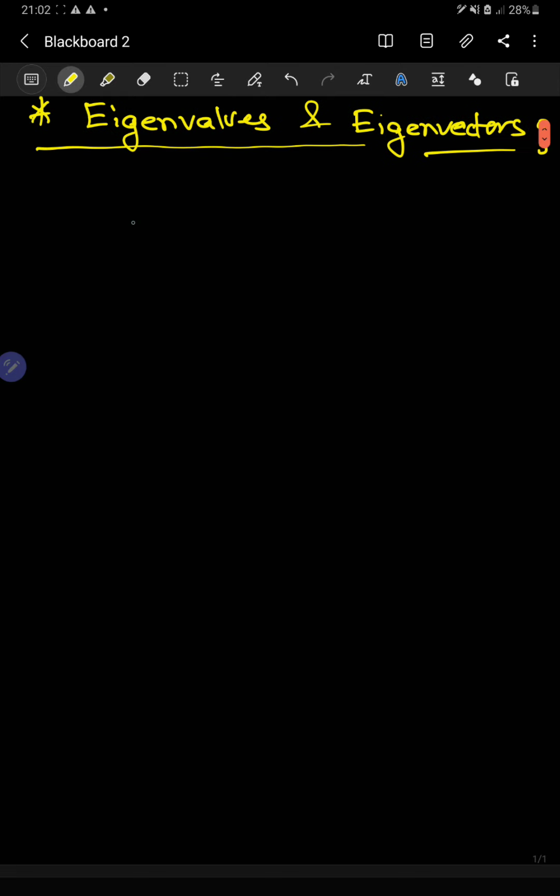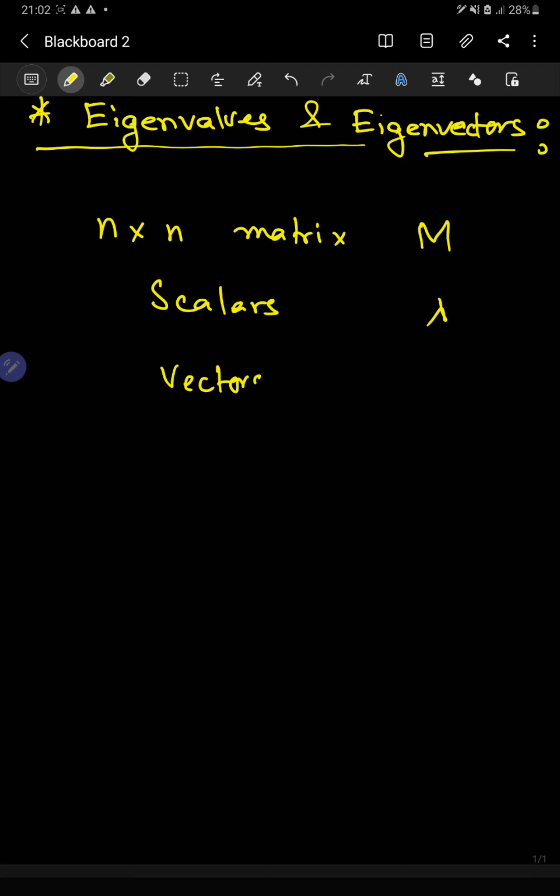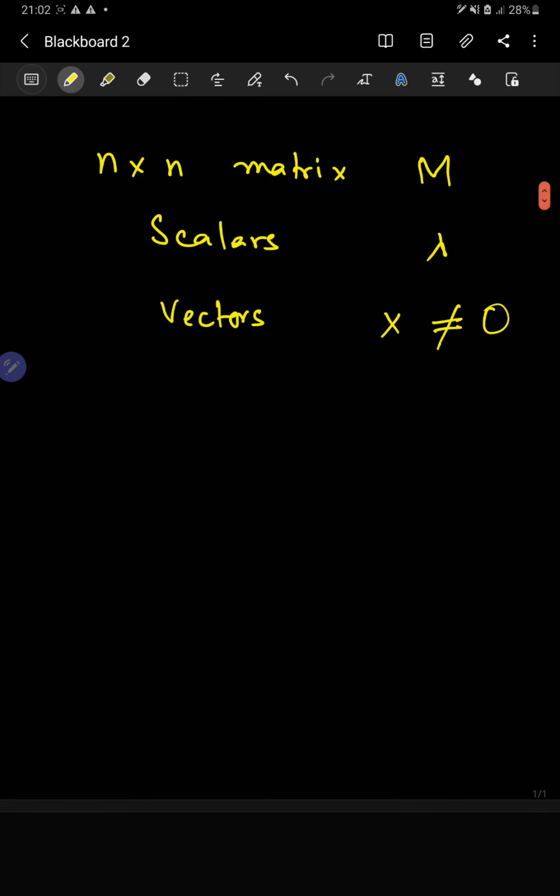Let's say we have an n cross n matrix M, which has n rows and n columns. And we have scalars lambda, which are basically numbers, and vectors x which aren't zero, that is, we don't have a zero vector, but they're basically non-zero elements.